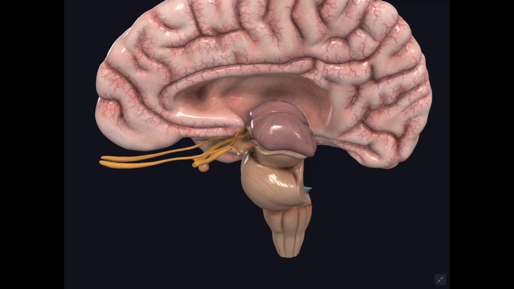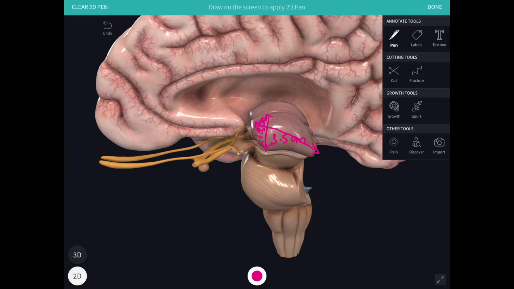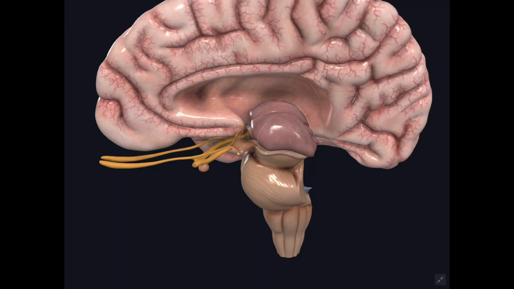Each thalamus is 3.5 centimeters long and 1.5 centimeters in breadth. The long axis of the thalami is set obliquely, running backward and laterally. So this is the direction of the long axis. The pointed anterior ends are nearer to the median plane, and this is the anterior end.